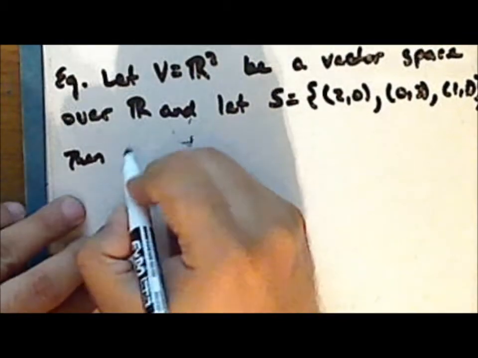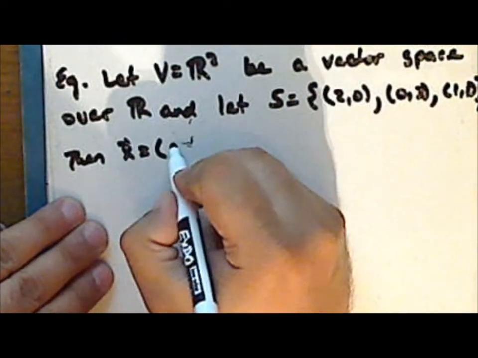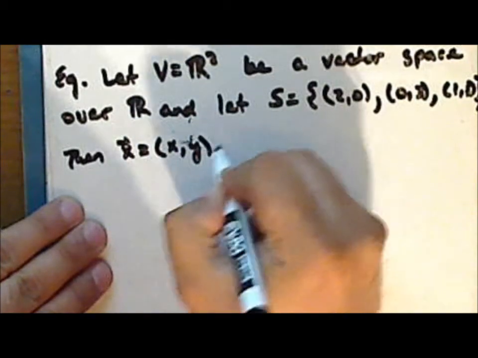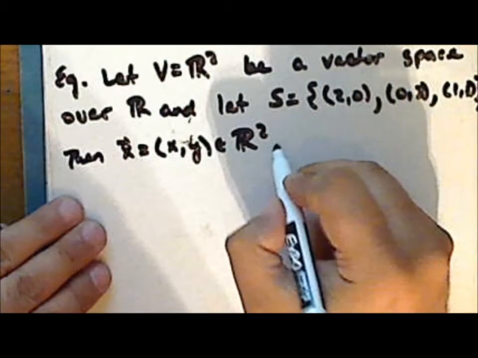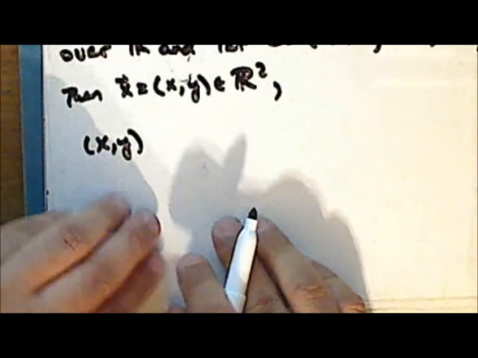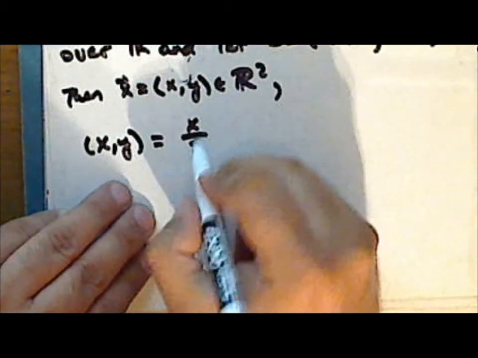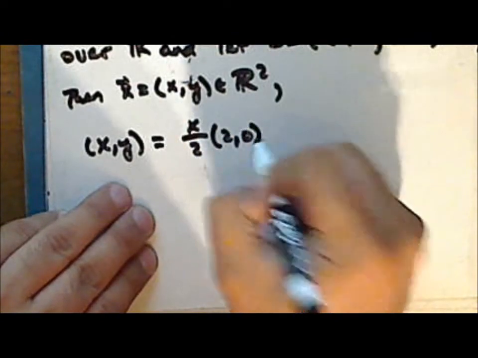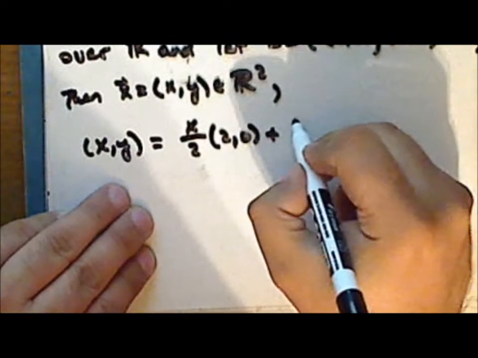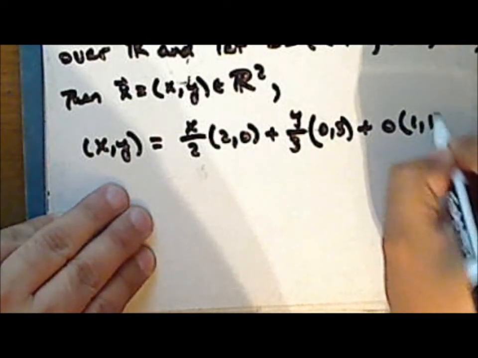Then for any vector having components x, y in the plane, we can quickly see that this vector (x, y) is x over 2 times the vector (2, 0) plus y over 3 times the vector (0, 3) plus 0 times the vector (1, 1).